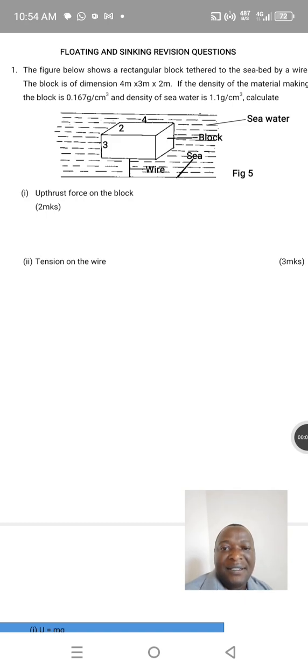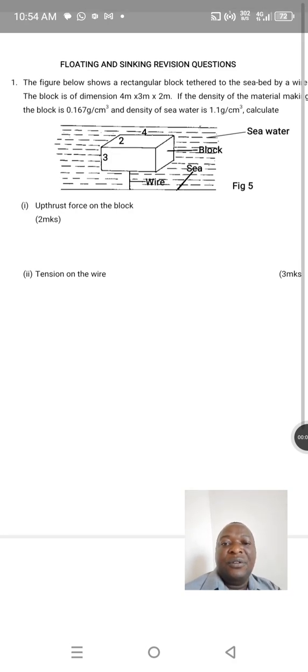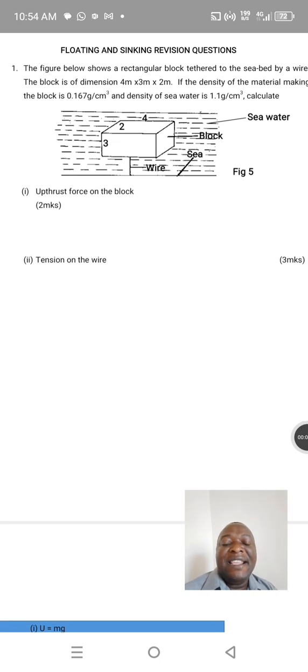Upthrust is in the upward direction. Therefore, for us to relate the three forces, that is T, W, and U, we say that tension T plus weight W equals the upthrust.